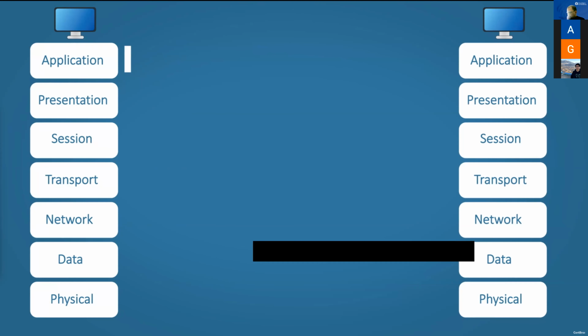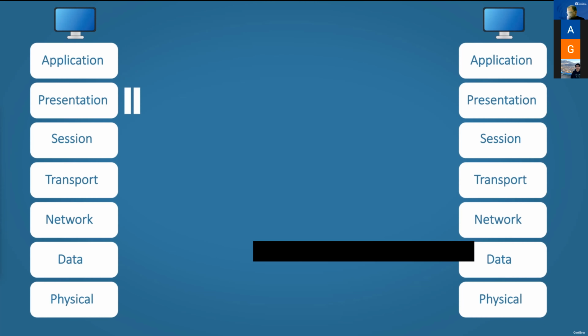Outlook creates the data, the email you wrote, the email addresses, etc., and gets ready to send it using SMTP, which is the Simple Mail Transfer Protocol. Step 2, presentation layer. The data is formatted in a way the receiving device will understand. In this example, probably ASCII. This layer could also encrypt the data if needed.